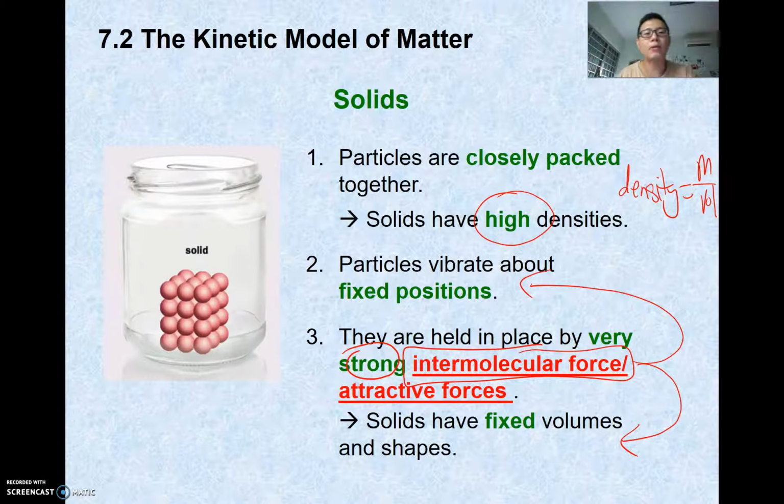At any one instance, the amount of molecules inside this confined space is the maximum if you look at all three states. Because I have a lot of particles in this fixed unit of volume, the mass will be the largest, and as a result, the density will be the largest.